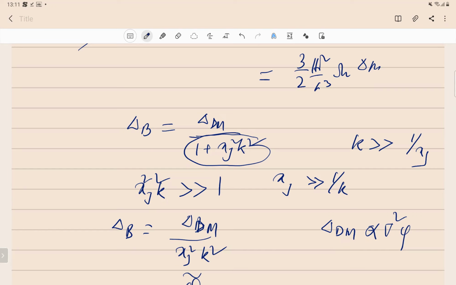So when we have very large scales, this k is very small. So this x_J squared k squared term doesn't contribute. So delta_B basically follows dark matter. So the fluctuations of the baryonic fluid basically follow the dark matter fluctuation. They're just the same. I mean, you could have some bias maybe, but they're just related to one another.